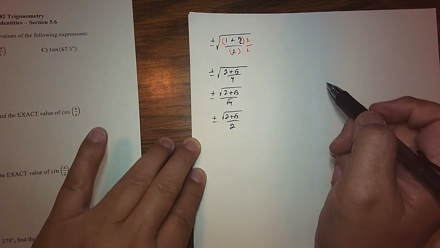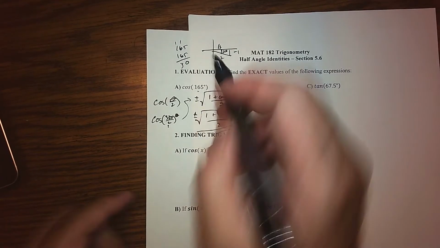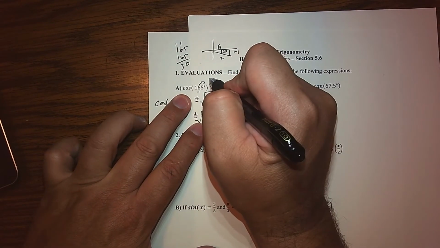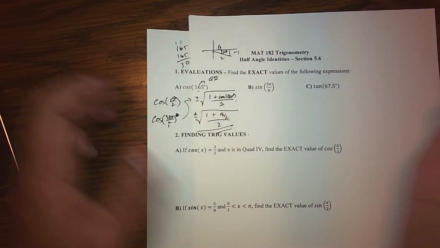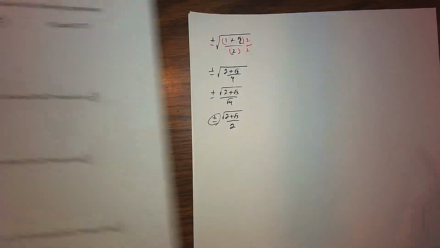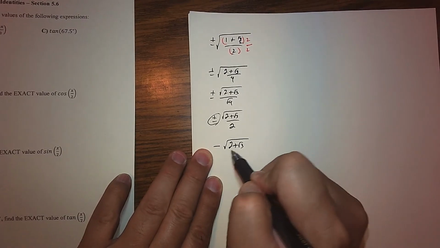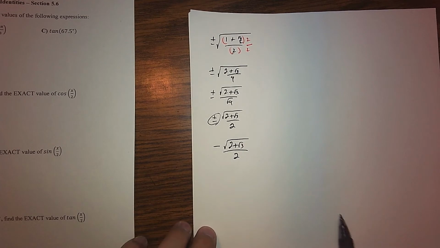Last but not least, what about the plus or minus? Let's go back to the original angle, 165. It occurs in quadrant number 2, and we know that the cosine is less than 0 there. So we need a negative square root of 2 plus the square root of 3 all over 2.